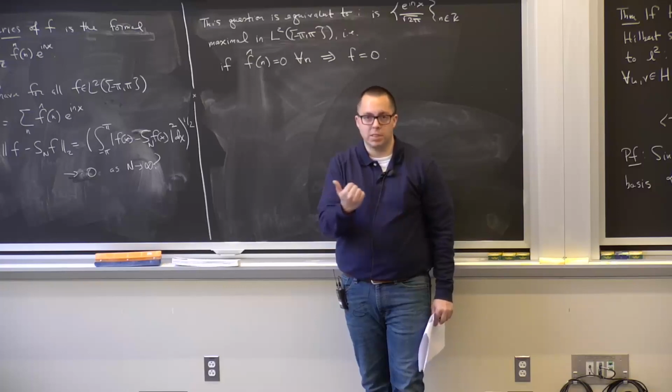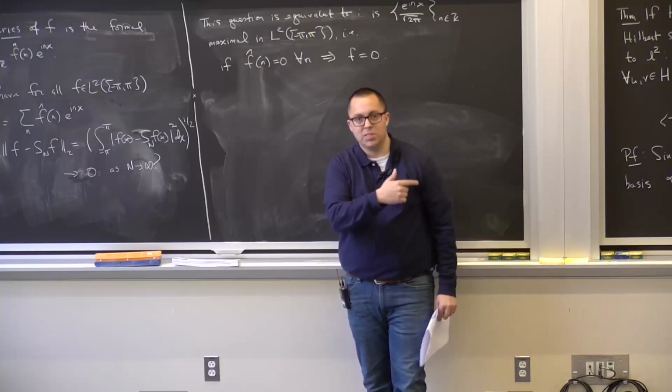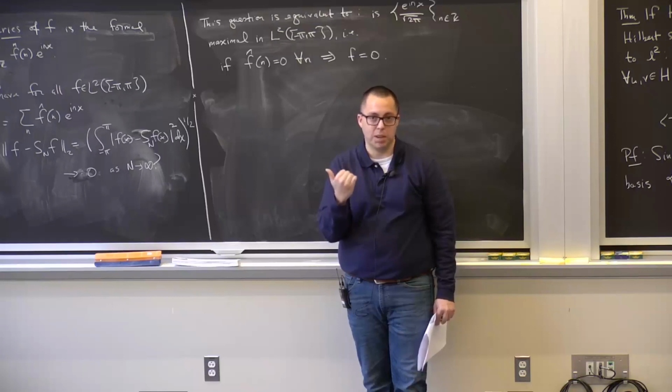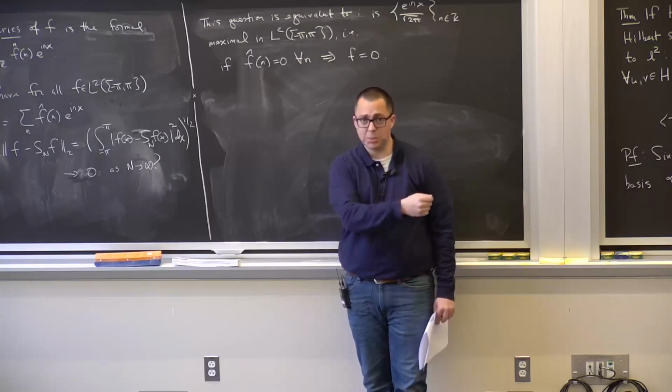But the converse clearly holds too. If I can expand every function in an infinite series with those coefficients, then that implies that the subset has to be maximal, right? Because if something's orthogonal to everything in the collection, then all those coefficients appearing in the series are 0, and therefore the function is 0.